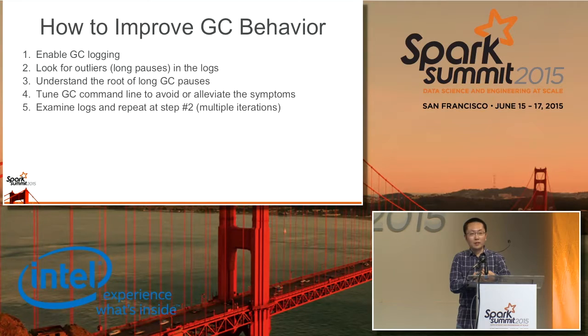And then we understand the root cause for these GC pauses so that we can figure out what we can do to make the GC work better. And then we can carry out the experiment to try out our tuning parameters. And if necessary, we can repeat these steps over and over again till we actually meet our performance target.